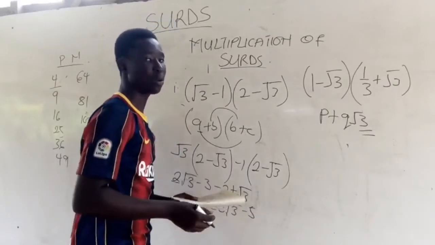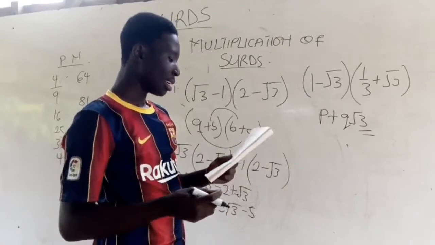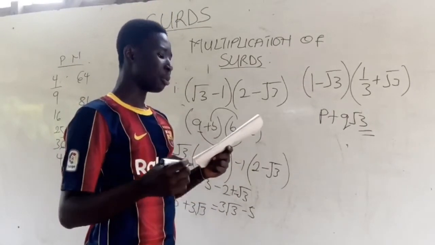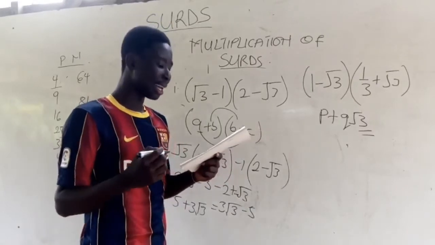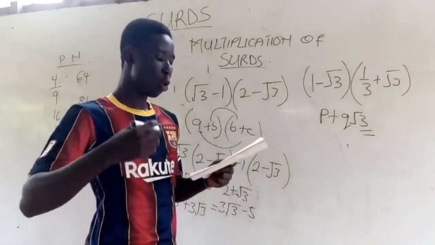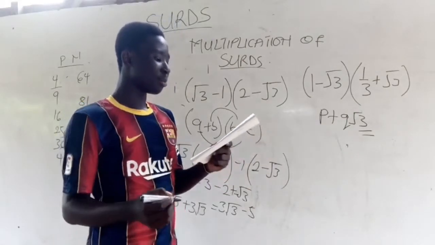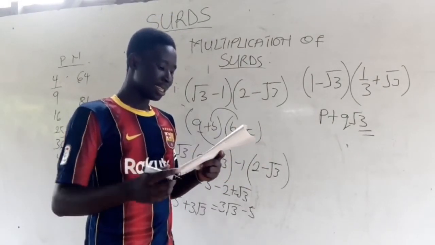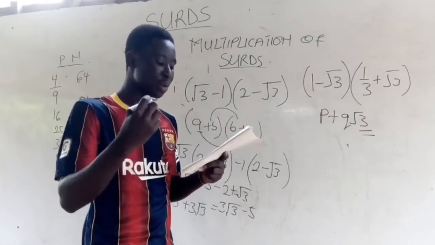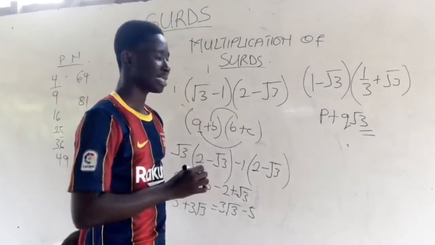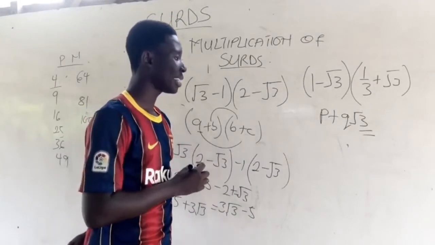Now let's move on to rationalization of sets. This is the process of making the denominator of a fractional set a whole or rational number by multiplying both the numerator and the denominator by the denominator. Let's consider this, it will make you understand very clearly.